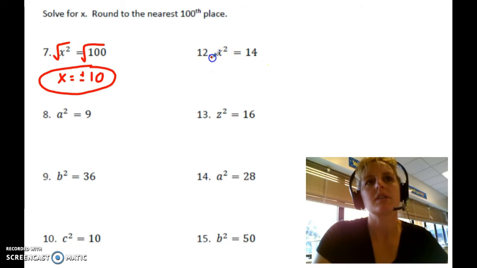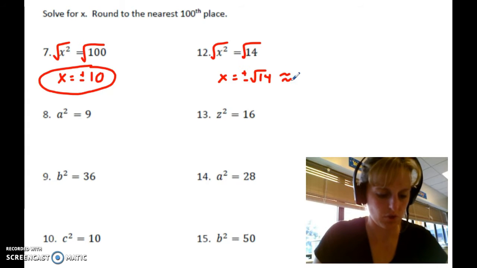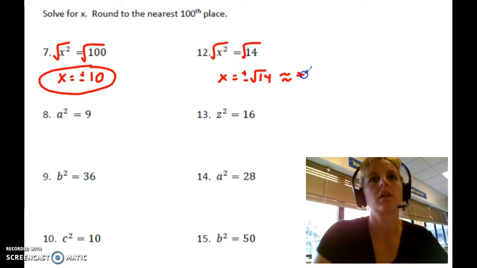On an example like this over here, when you go to square root 14, you're going to see that, again, you've got a value that is not going to come out very nicely. So again, we're going to have you round that off. So the square root of 14, it's approximately 3.74. So please round your answers to the nearest hundredths place. Pause the video, try these examples, then come back and check.